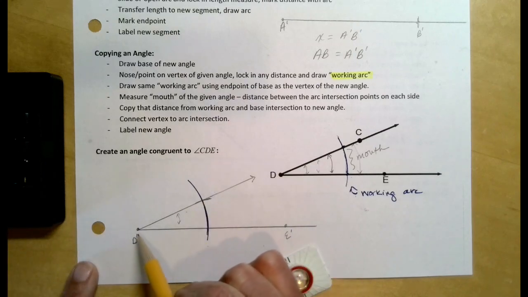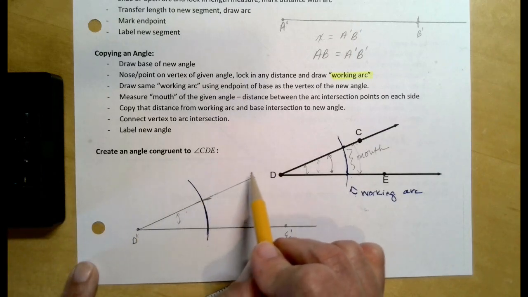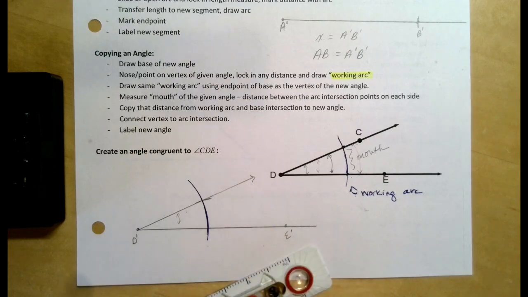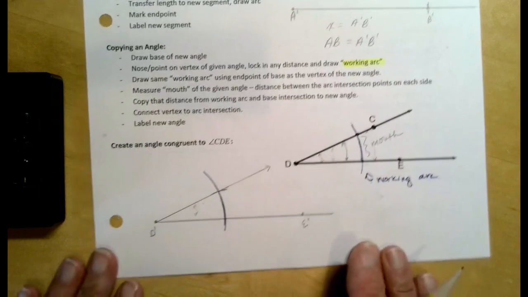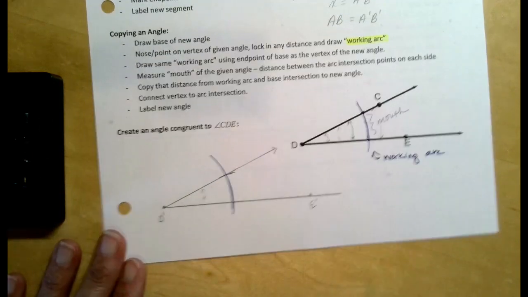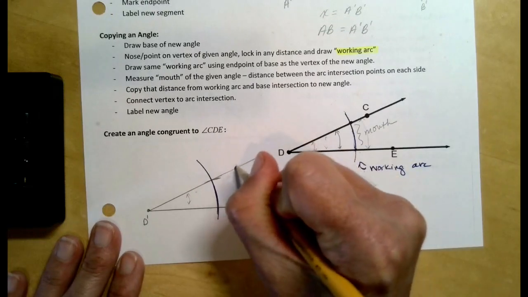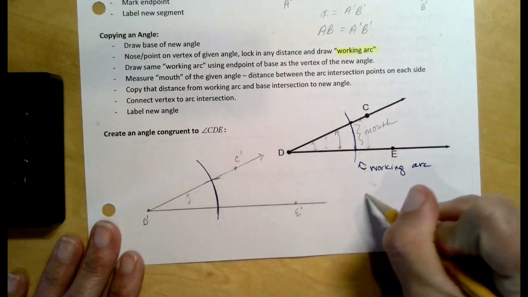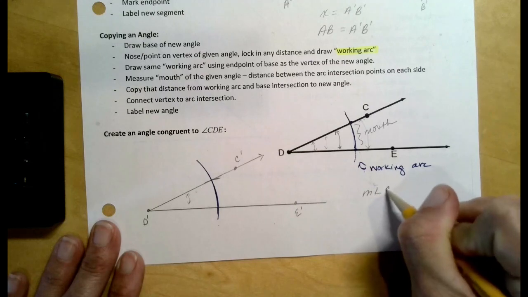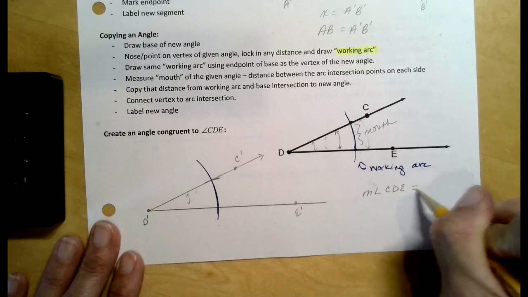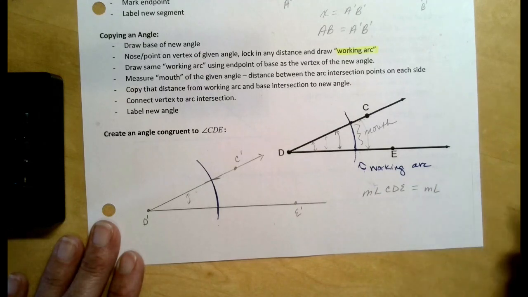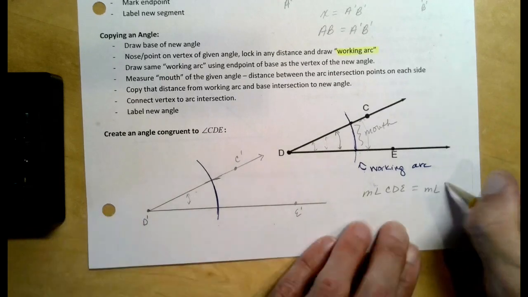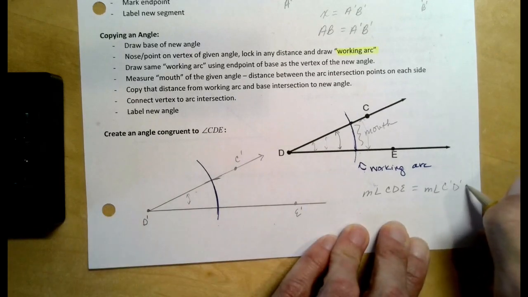And then I was able to connect the vertex to the arc intersection. And I have a new angle. So I know that the measure of angle CDE is going to be equal to the measure of my new angle C prime, D prime, E prime.